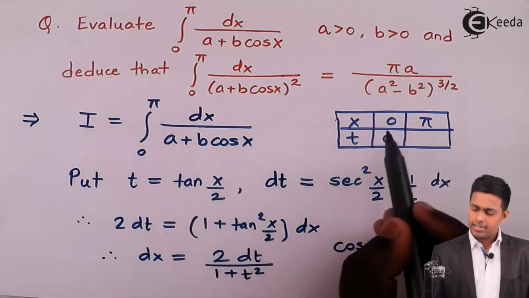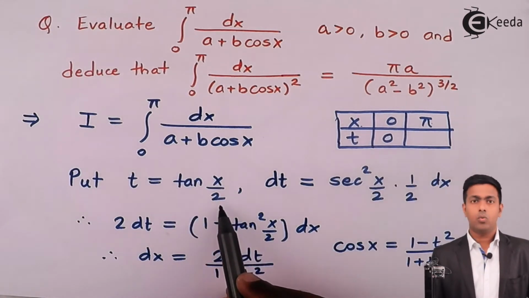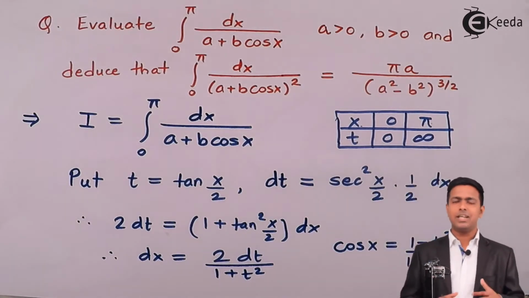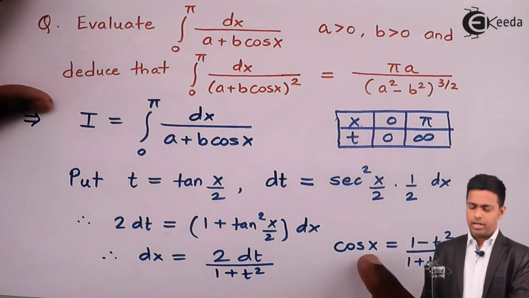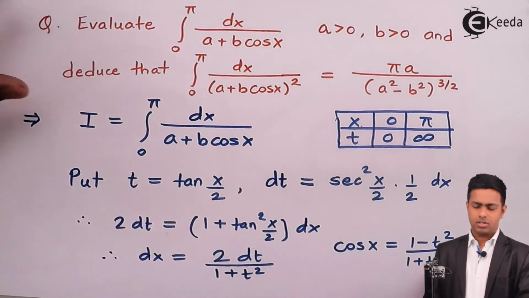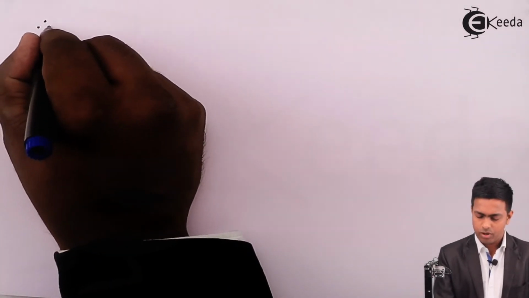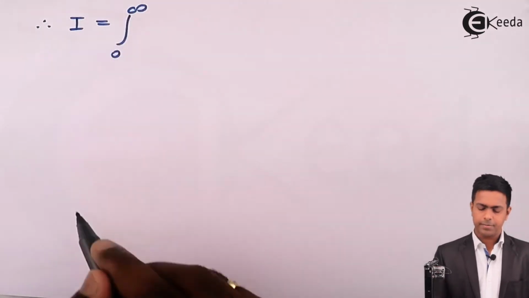Next x is pi, so this will become tan pi by 2, which is infinity, so t will be infinity. So it means limits are changing from 0 to infinity for t. So I'll write down all these terms in this integral I. So here we will get, therefore I equals to integration 0 to infinity.